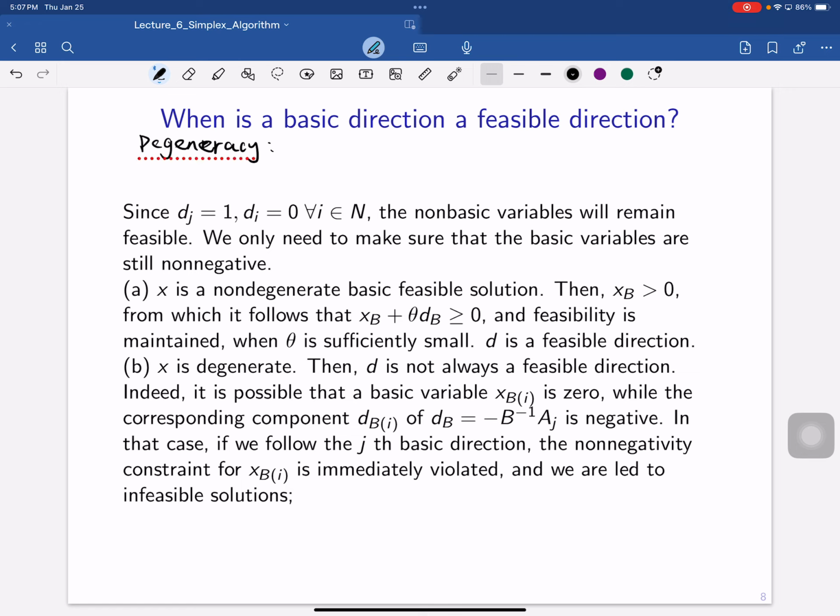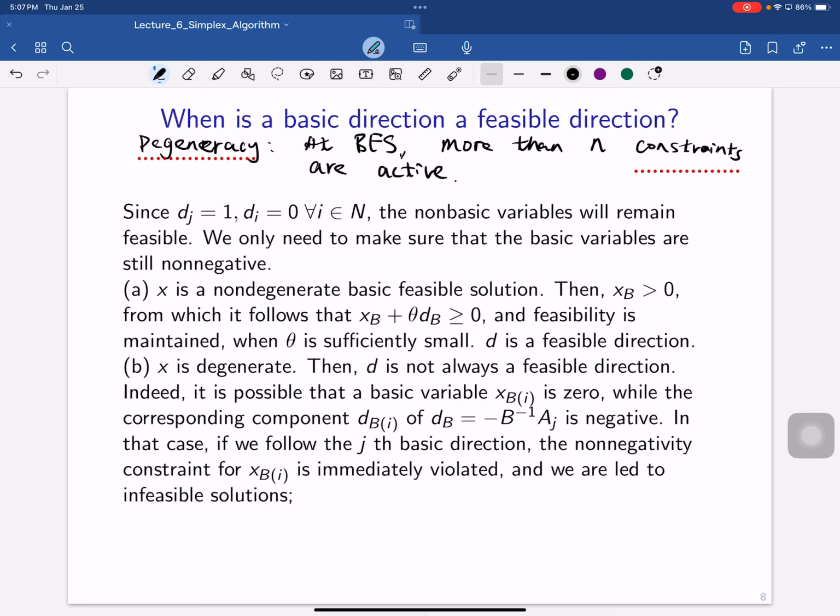at a basic feasible solution, more than n constraints are active. So an interpretation for this problem would be, we already pick n minus m non-basic variables, force them to 0, right?